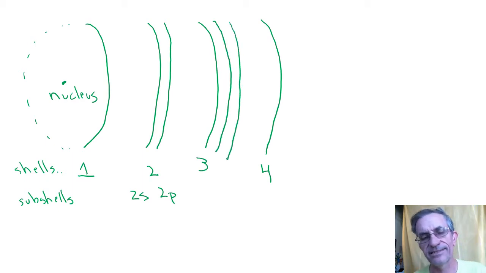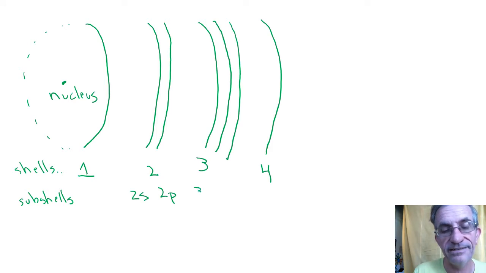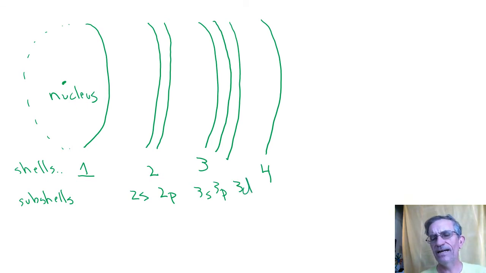There are 3 rings. The first one is called the 3S, and then the next one's called the 3P. And then if you go a little further away, it's called the 3D subshell. All right, I skipped over the first shell. The first shell only has one part to it, so it's called the 1s subshell.